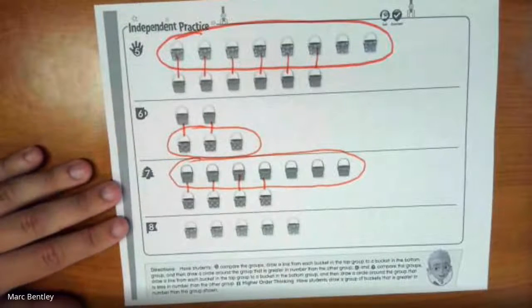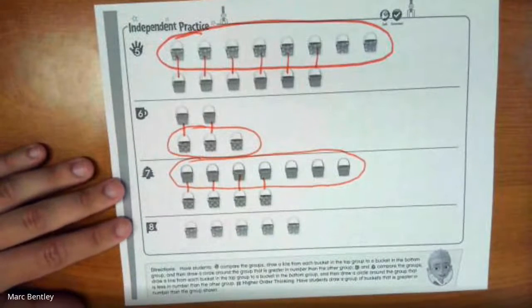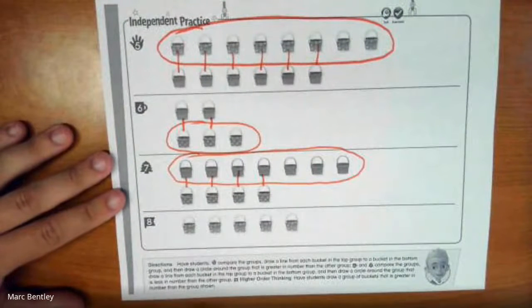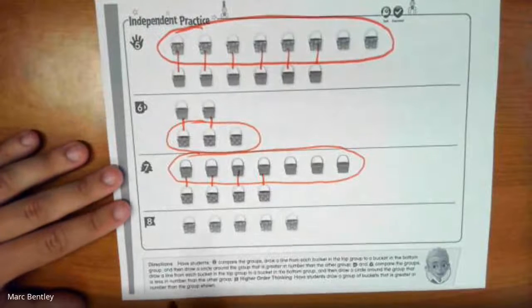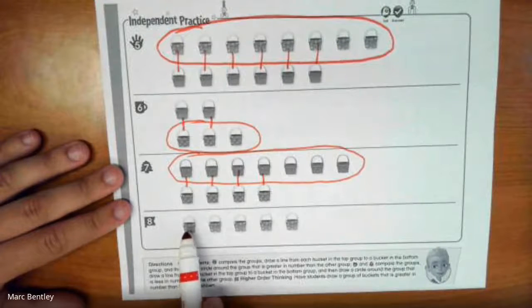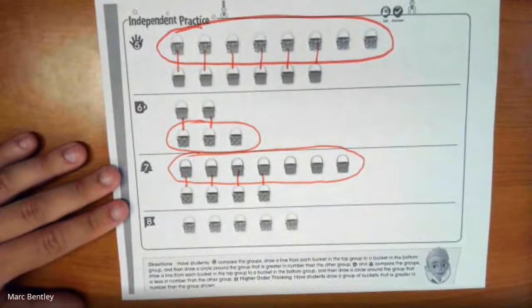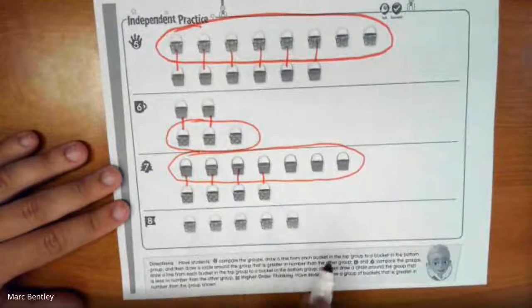Okay, number 8. This says we have to draw a group of buckets that is greater in number than the group shown. Okay, so the ones here, we have 1, 2, 3, 4, 5 total. So what I'm going to do, I'm going to go ahead and match each of these up.